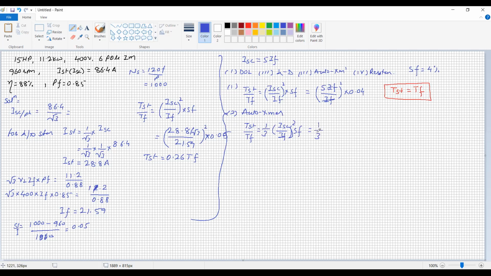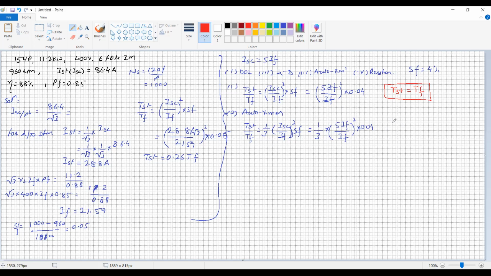So it is 1/3 multiplied by the short circuit current. Short circuit current is 5 IF, divided by IF, the full load current, bracket square, into 0.04. So 5 multiplied by 0.04 is 1, divided by 3.